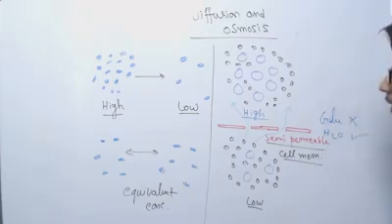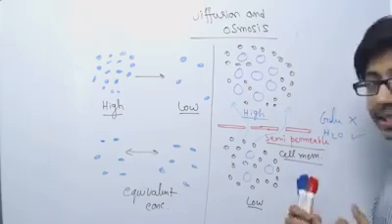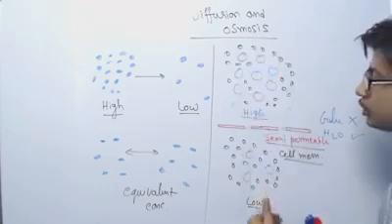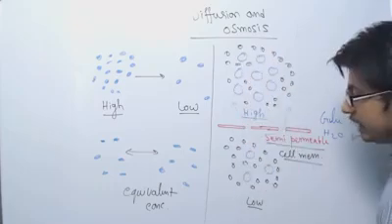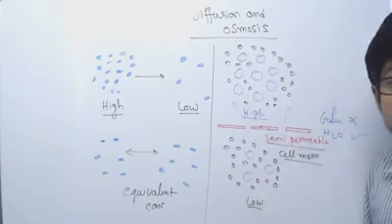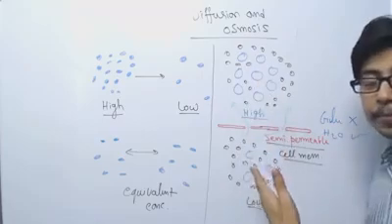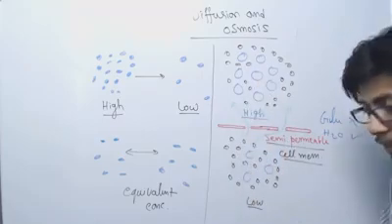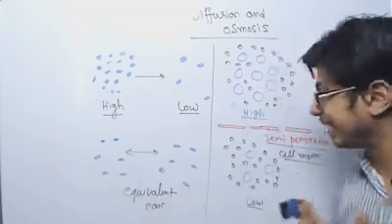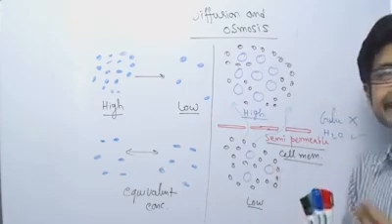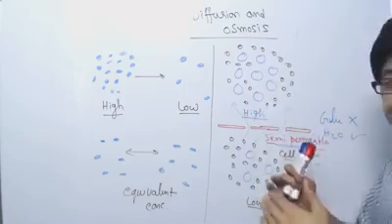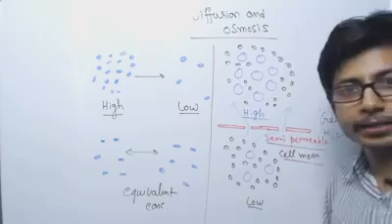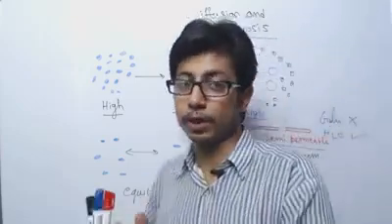And another thing, it will also depend on the distance between the two chambers. The distance the water molecule needs to travel from one chamber to the next is also important. If the distance is more, then the rate of osmosis will be less. If the distance is less, the rate will be higher. That is the idea of diffusion and osmosis.